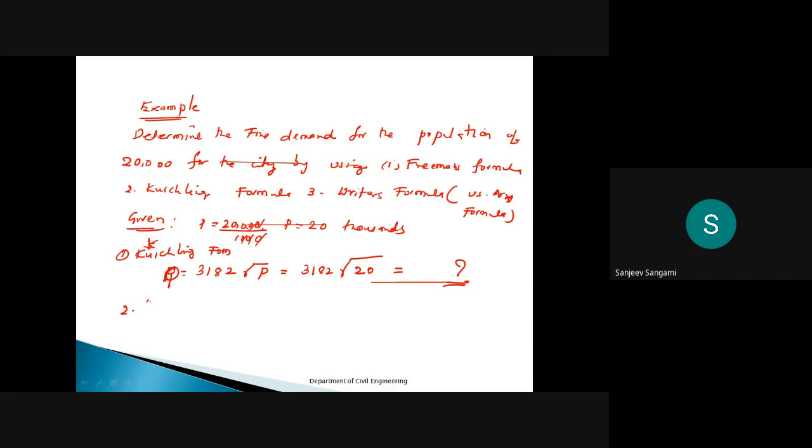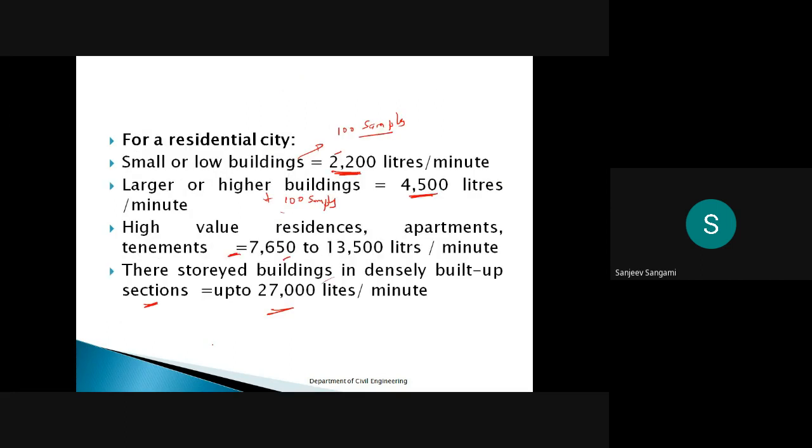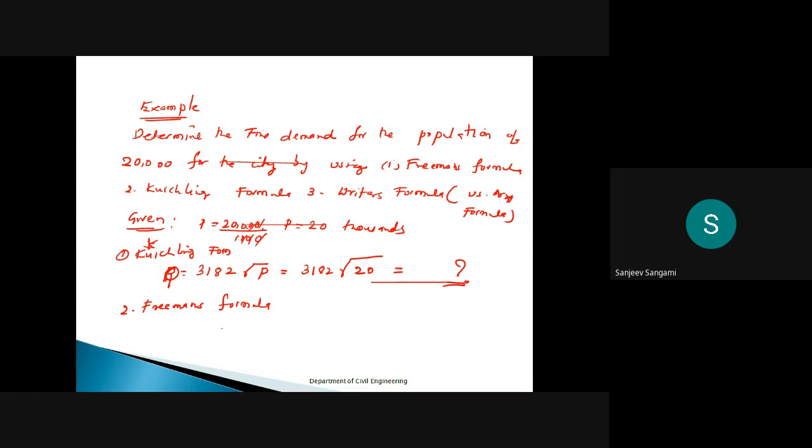The second one, you can apply Freeman's formula. To go back, Freeman's formula is 1136 (P/10 + 10). So apply this. And very important, I already said that in Kuchling's formula, always substitute in liters per minute only.